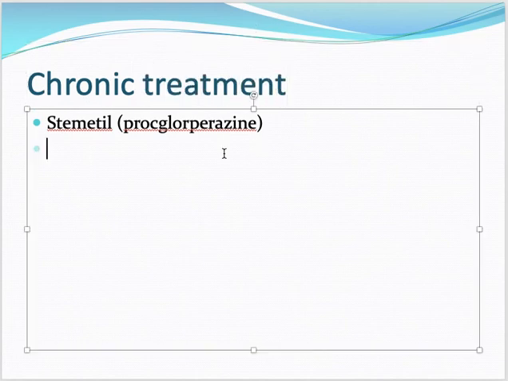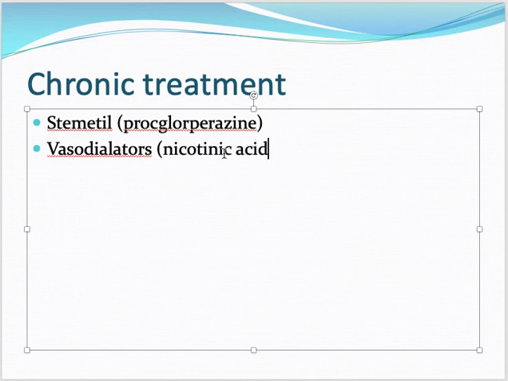We can put the patient on some vasodilators like nicotinic acid. Nicotinic acid can be given, plus we can give them betahistine. We can put the patient on diuretics. Now diuretics are many, right?